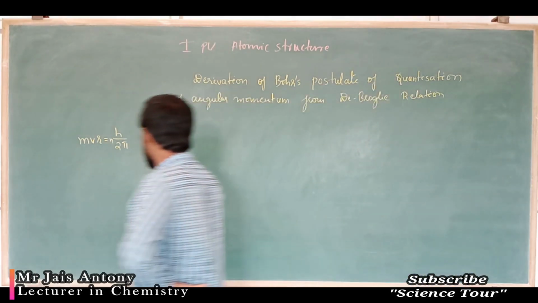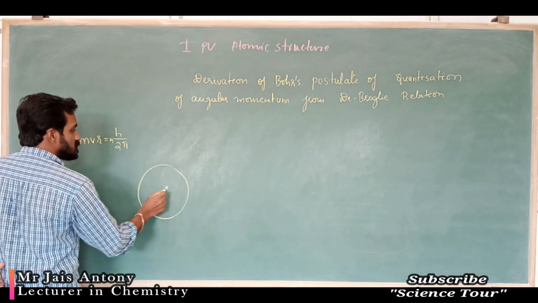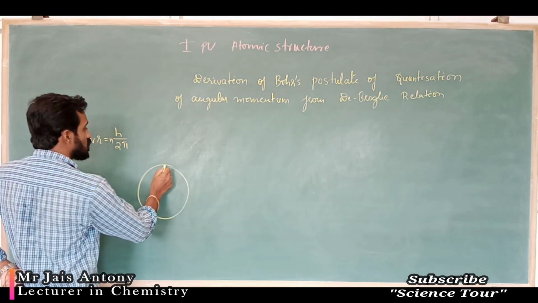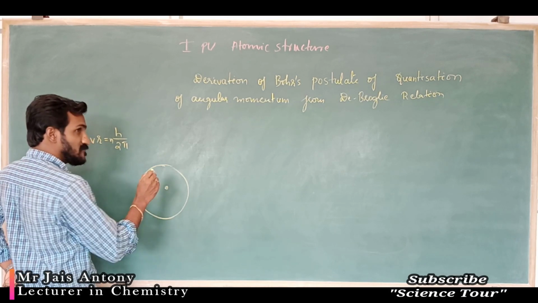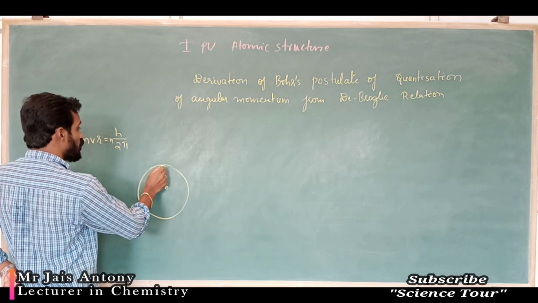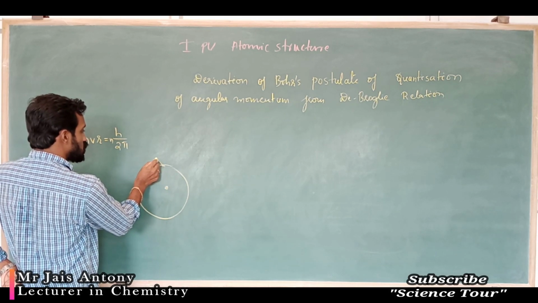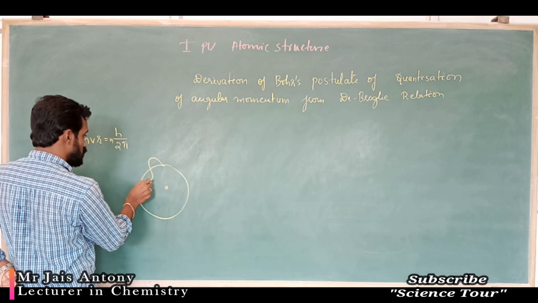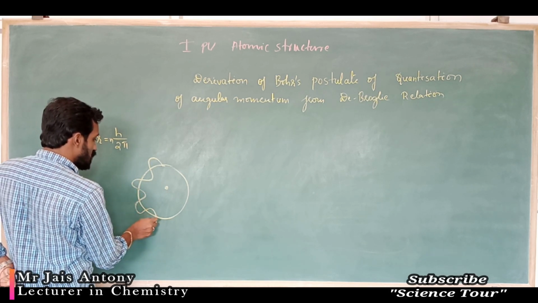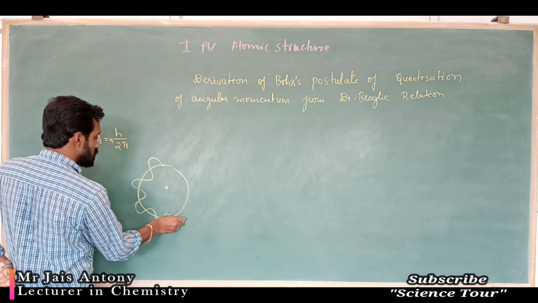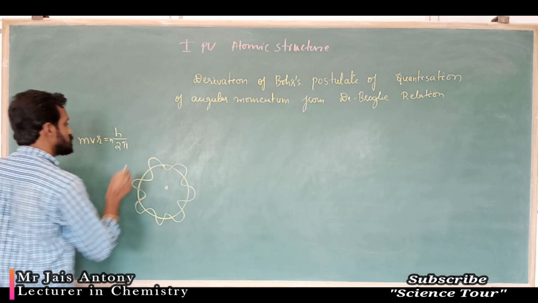See, my dear students, look at this. This is the nucleus, and the electron is moving around this nucleus in a waveform. How does it actually move? It moves up and it comes down, it moves up, it comes down, like this.